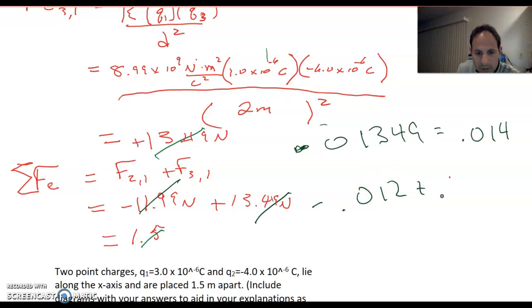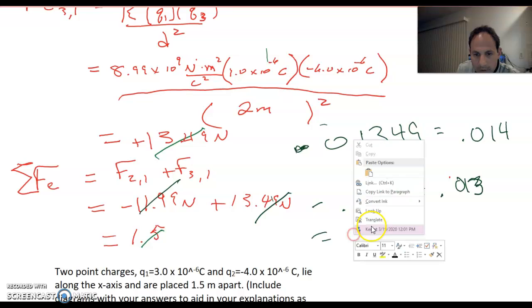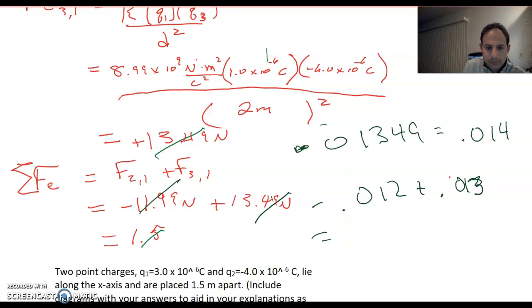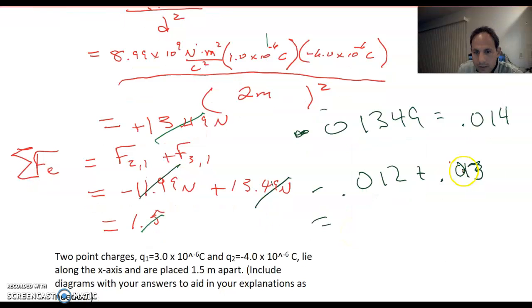0.012 plus 0.013, okay, and then you should get 0.014, right?